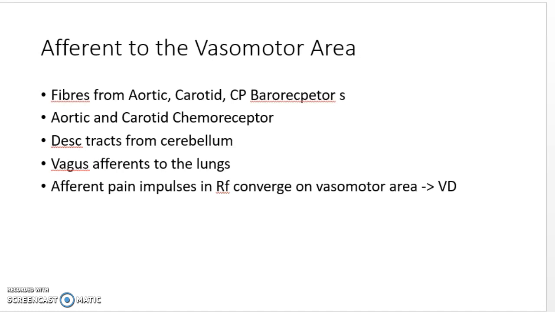A quick thing I want to touch upon is the sympathetic and the parasympathetic. The parasympathetic innervates the heart and the glands, and causes a release of acetylcholine from the parasympathetic nerves, and this causes vasodilation.